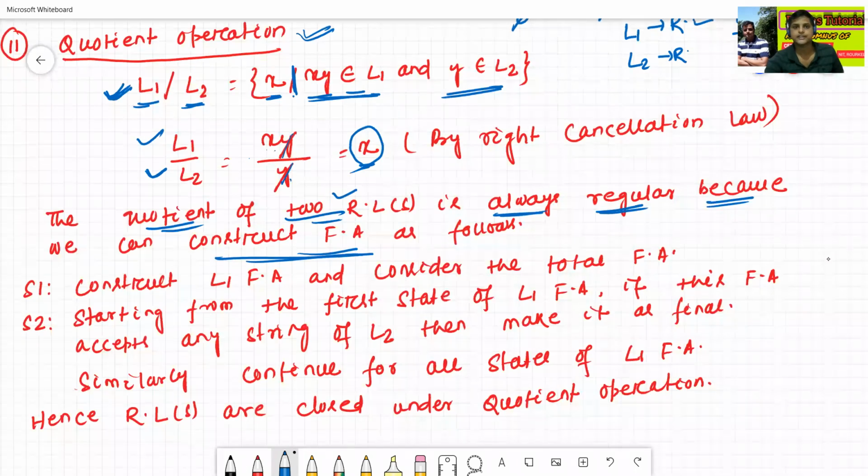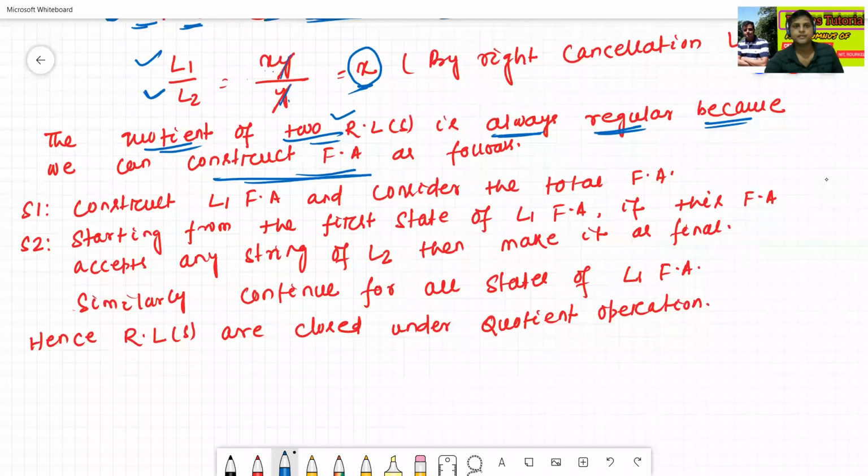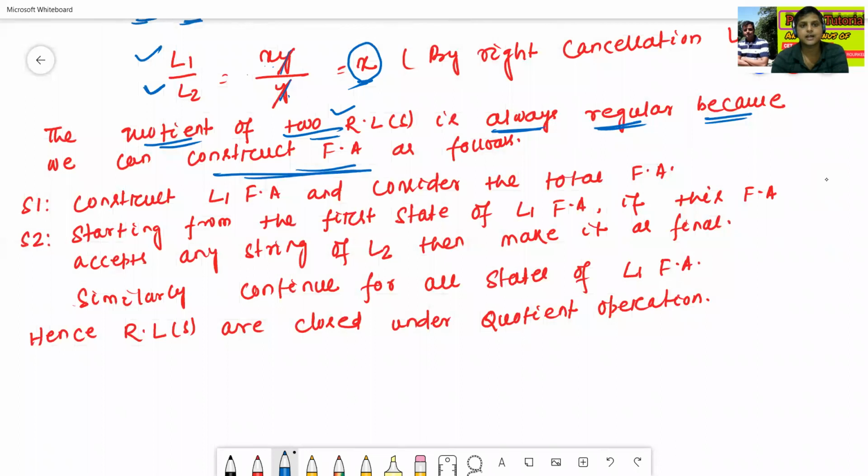What are the rules here? First, construct the L1 finite automata, meaning the finite automata for L1. Then consider the total finite automata. Now, what is the second step?